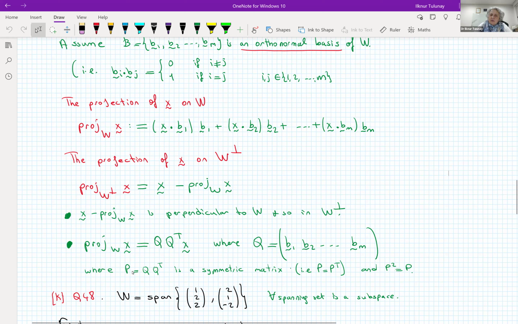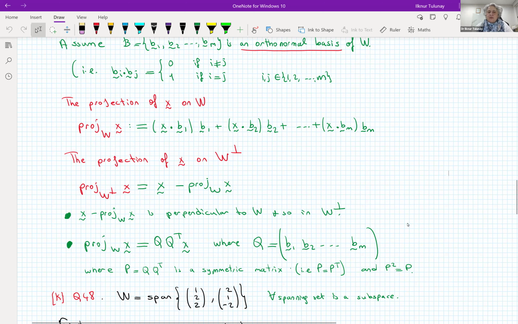This is the matrix form of the projection operation, because acting on the vector X it takes X to the projection vector of X on that vector space. Then the orthogonal complement is just a subtraction.